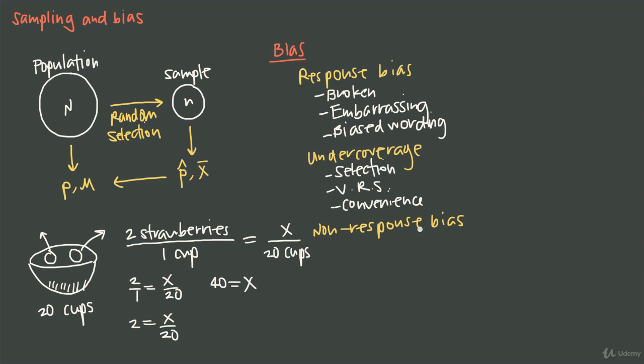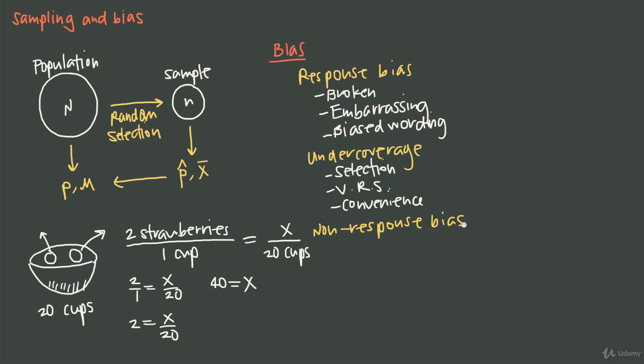So for the 2% that did respond, maybe there was some kind of biased wording issue we have to be aware of. But a little issue in our 2% pales in comparison to the fact that we didn't get 98% of people to respond to our survey or our poll. Our biggest issue by far is non-response. So if that's the case, we want to specifically call out non-response bias to indicate that that may be an issue that's skewing our results.